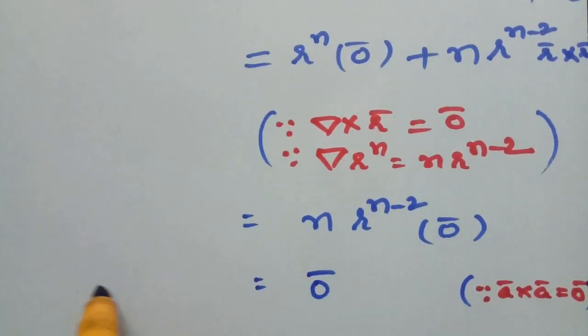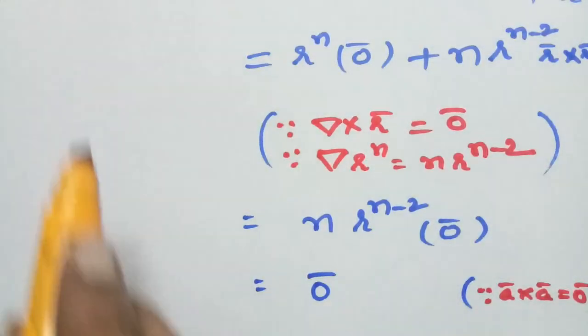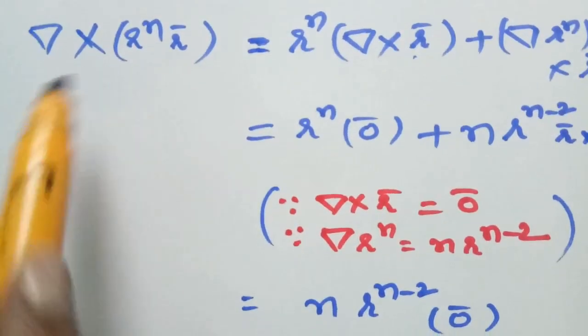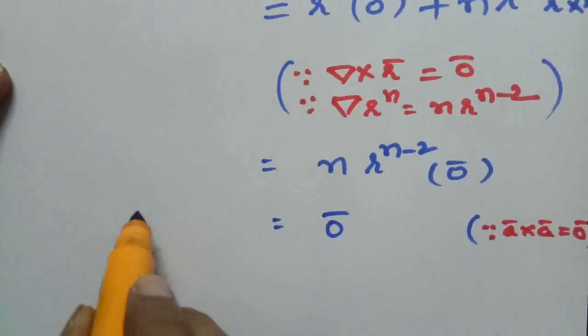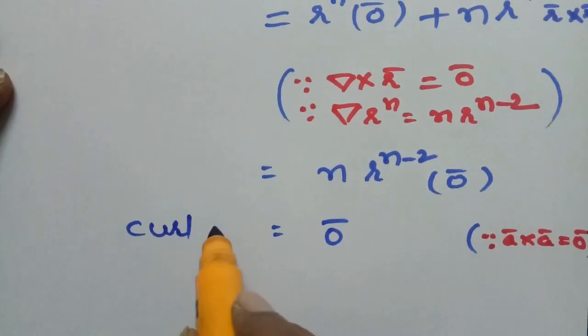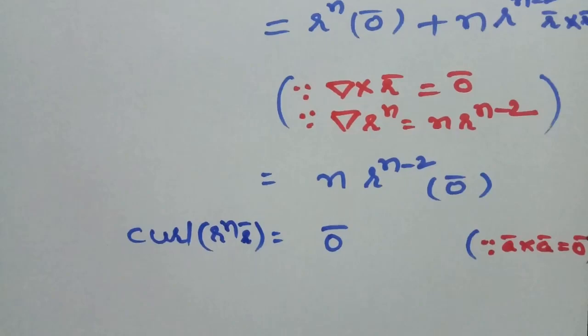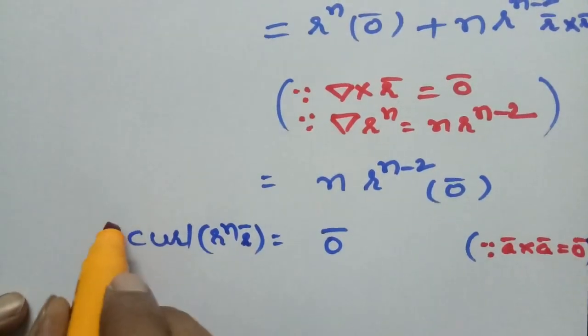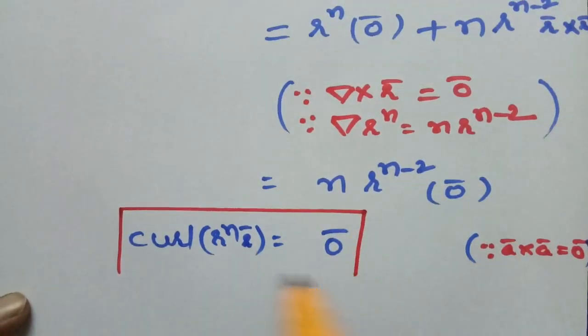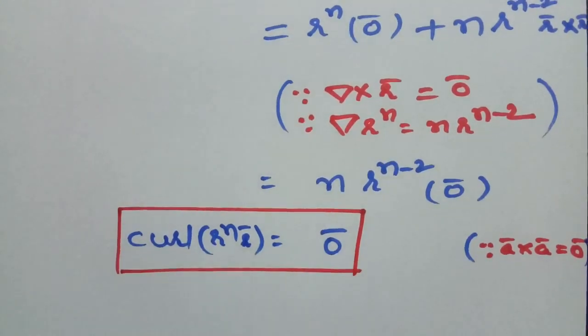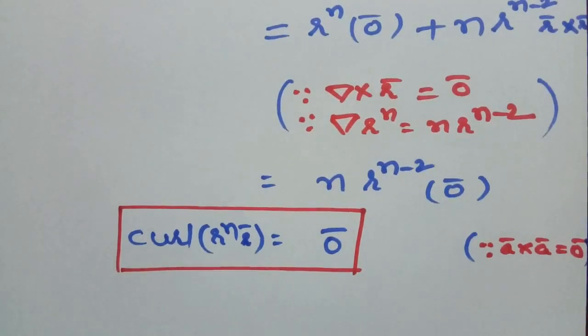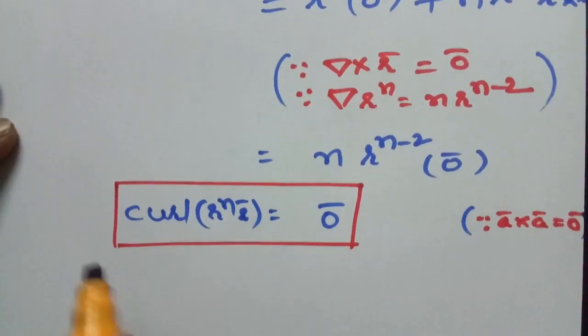Therefore, del cross r power n into r bar, that is curl of r power n into r bar, is equal to 0 bar. Now apply divergence on both sides.